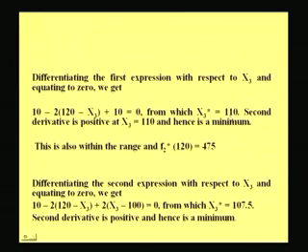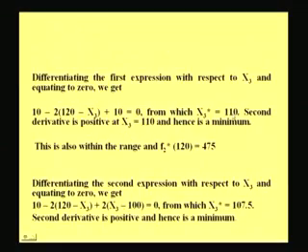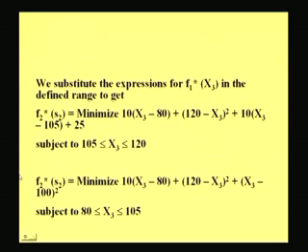from which x3 star is equal to 110. Second derivative is positive because we have a plus 2 x3 term, that would give us a plus 2 which is positive at x3 equal to 110, and therefore the value of x3 star equal to 110 is indeed a minimum. We also need to check that the x3 for this function should be within the range 105 to 120, and it happens that 110 is within the range, so we do not have to worry.